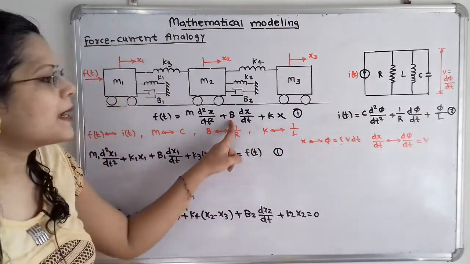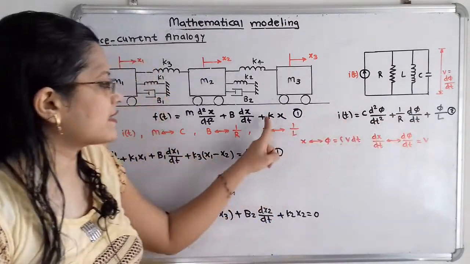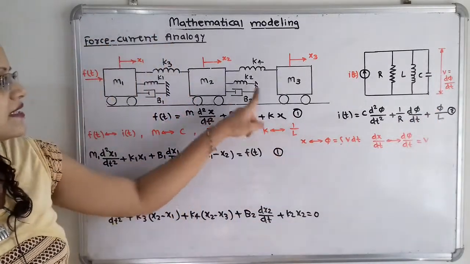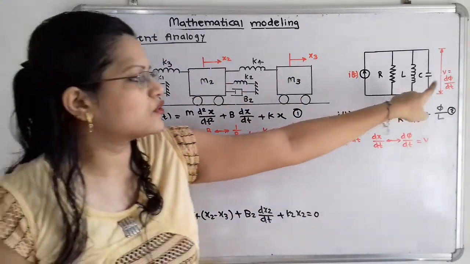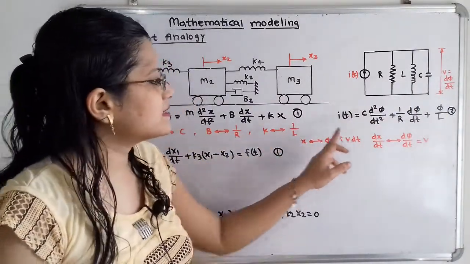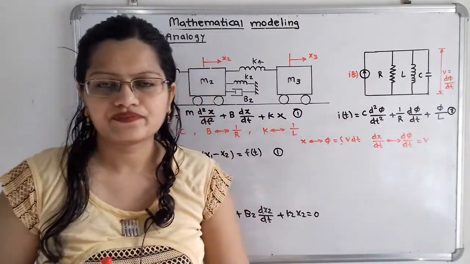K is analogous to 1 by L. And x is the output here and flux phi is the output there, so x is analogous to phi.